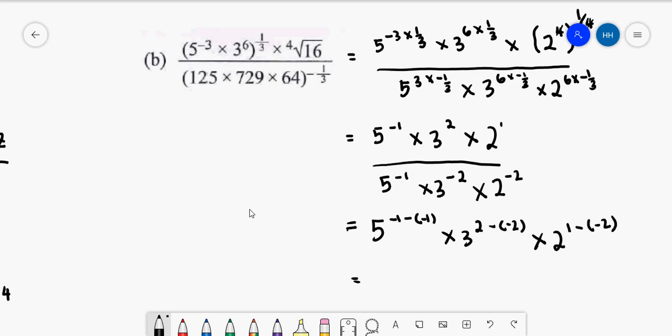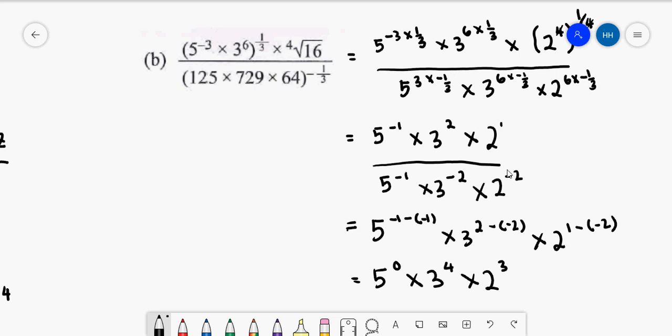Equals 5 to the power of negative 1 minus negative 1 is 0, times 3 to the power of 2 minus negative 2 is 2 plus 2, so it is 3 to the power 4, times 2 to the power of 1 minus negative 2 is 1 plus 2, so it is 3.